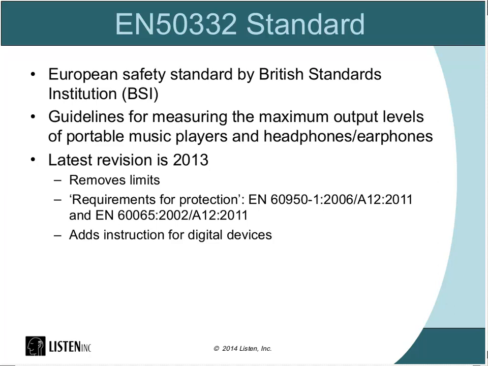You don't have to do anything. If the device puts out between 85 and 100 dBA, then you need to put a different marking on the device. There needs to be something in the software of the music player that gives a warning if you try to play it out at too high a level. So it really depends on, again, what country you are working with and where you want to be able to sell the device.